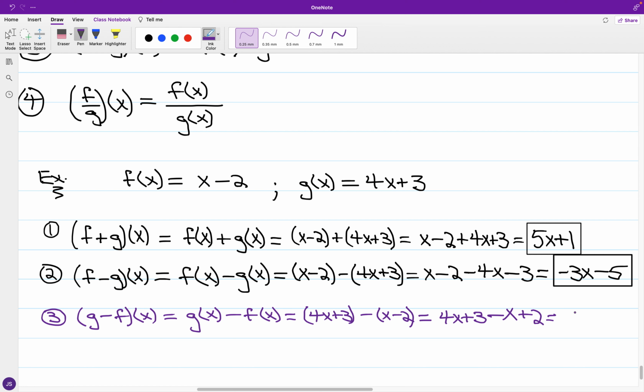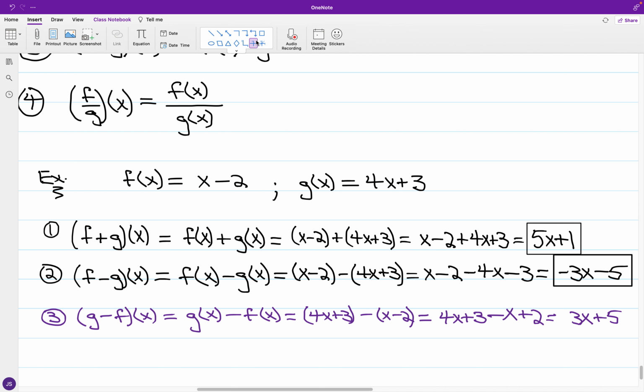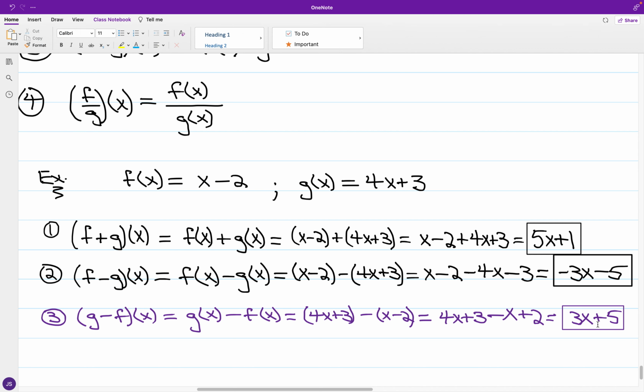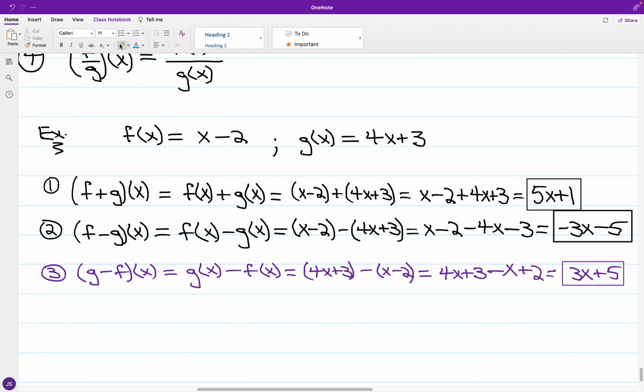So we have 4x minus x becomes 3x, and 3 and 2 become 5. So this comes out to positive 3x plus 5. And notice we have an additive inverse here, where we have positive 3x and positive 5 as opposed to a negative 3x and a negative 5.